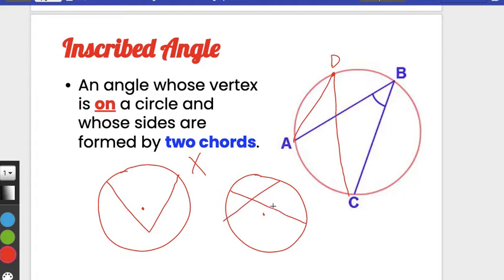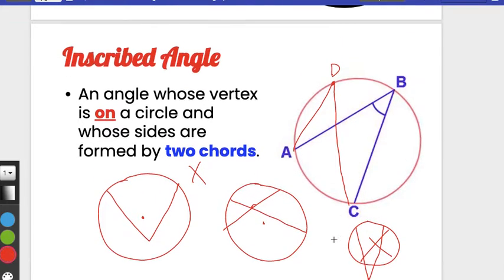Also no. Again, for an inscribed angle, the vertex must be on the circle. Sometimes we say, can I go a little bit further? Again, no. This angle's vertex is outside of the circle, so also no. So these are the non-examples for inscribed angle. Please make sure you can tell the difference.